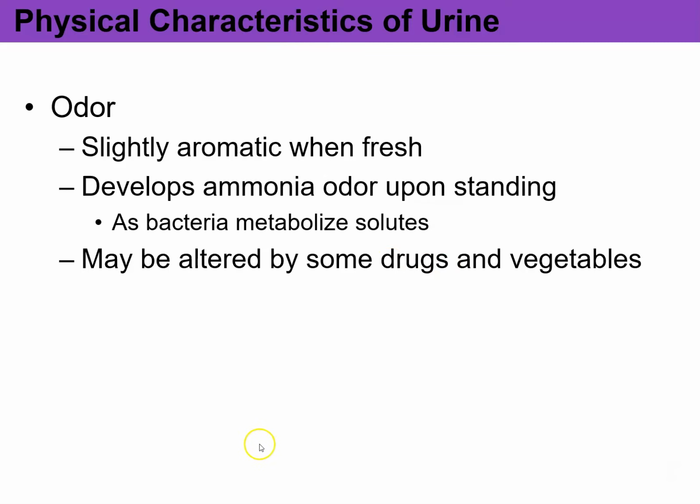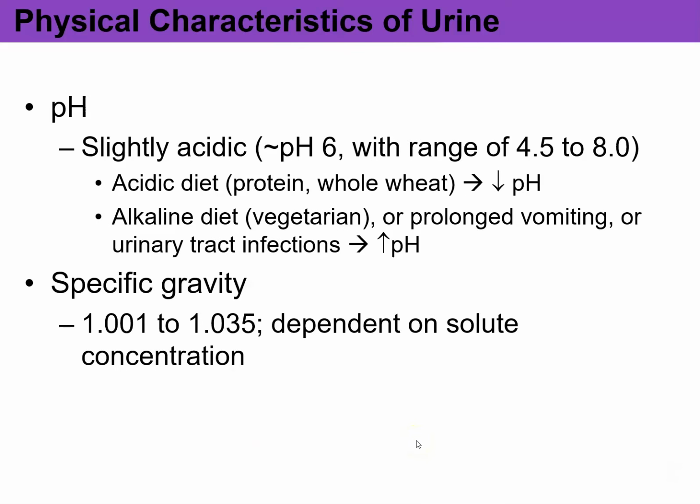Anyway, if there's an ammonia smell, that might be due to bacterial action on urine that's been standing around. You could actually have ammonia produced in the urine by certain pH imbalances. Some vegetables... It's not coming to me. Asparagus is notorious for creating an unusual aroma of the urine.